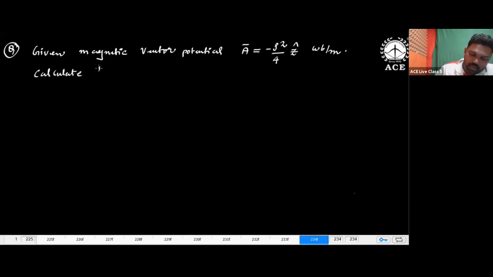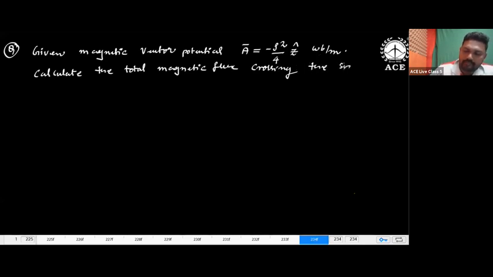Calculate the total magnetic flux crossing the surface.